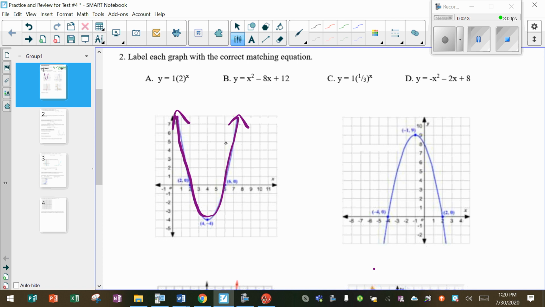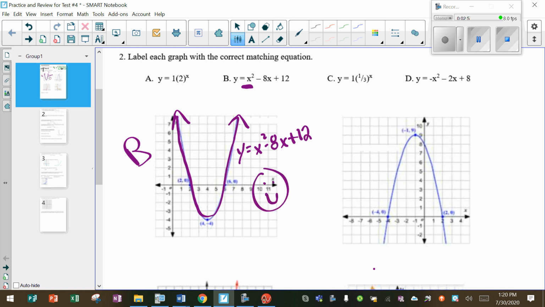All parabolas, the curves, the U-shapes or the N-shapes, those are parabolas, those come from quadratic equations, equations with exponents of 2. If it's a positive x squared, that means it's a smiley face. So this one is y equals x squared minus 8x plus 12.